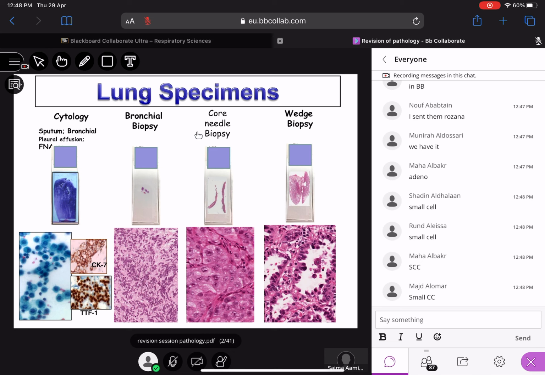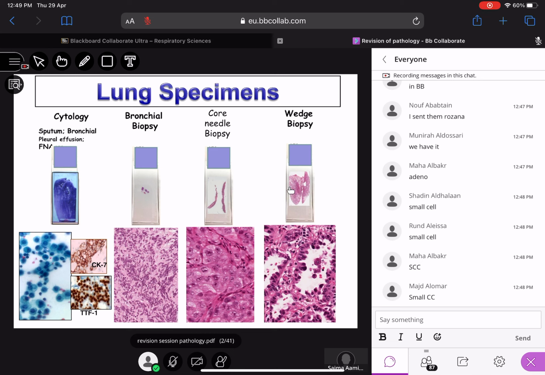So you can also take core needle biopsies, which are slightly larger, and this includes the entire tissue core. And here you can better appreciate the tissue architecture. In this slide, the diagnosis is not very clear whether it's an adenocarcinoma or a large cell. So most likely you should go for immunohistochemical staining on this one to classify the tumor.